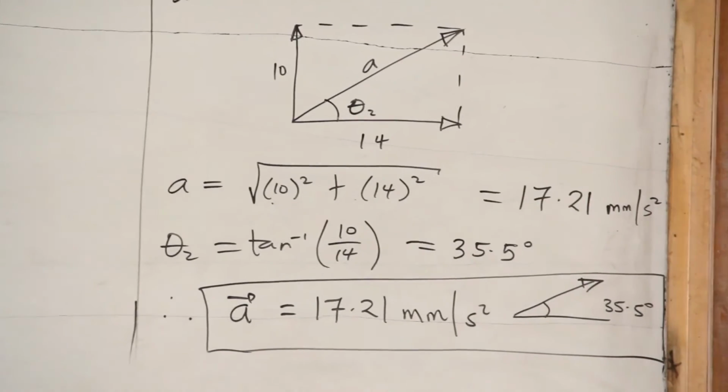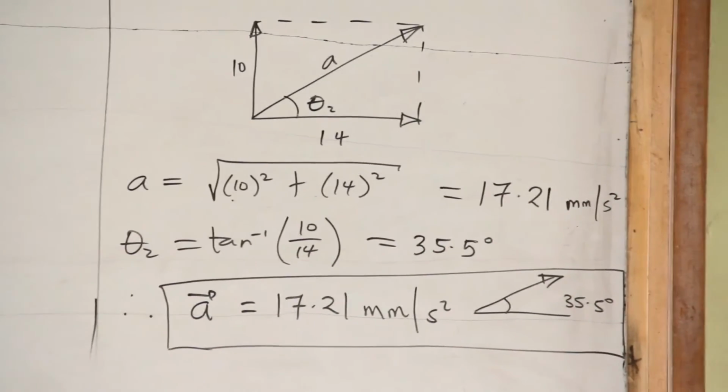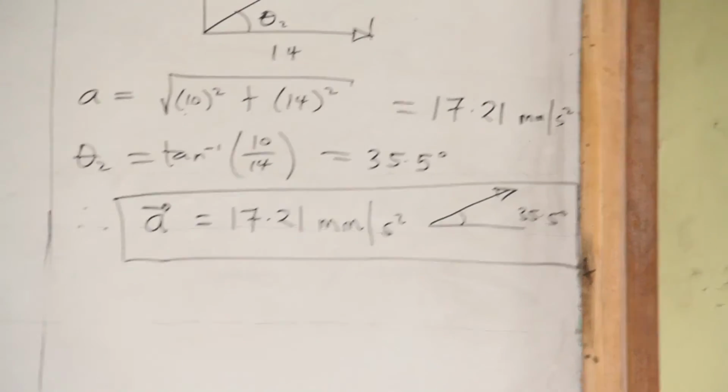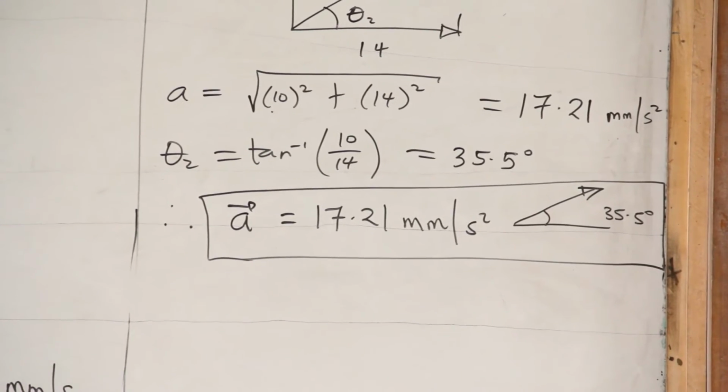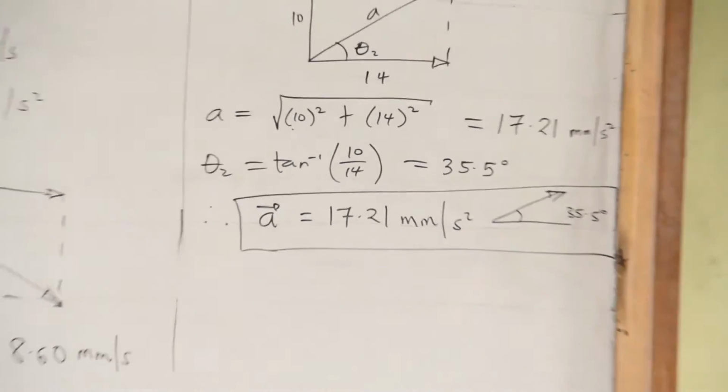You can see that the acceleration and the velocity are not in the same direction. Did you notice that? They are not in the same direction. Alright. So you can do it for t equal to 2 seconds now. Tell me your answer.